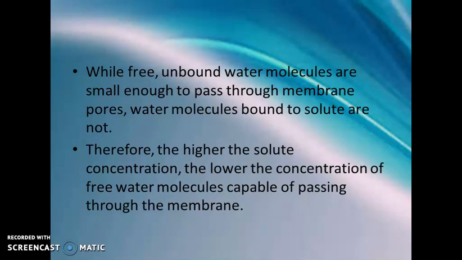Therefore, the higher the solute concentration, the lower the concentration of free water molecules capable of passing through the membrane. So when the solute concentration is higher, the concentration of free water molecules is very low, so they are not capable of passing through the membrane.